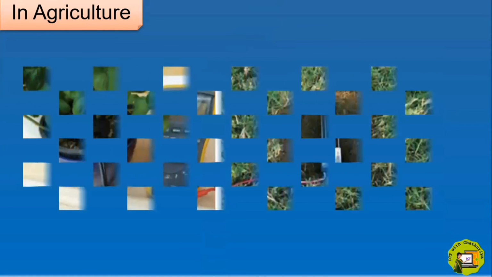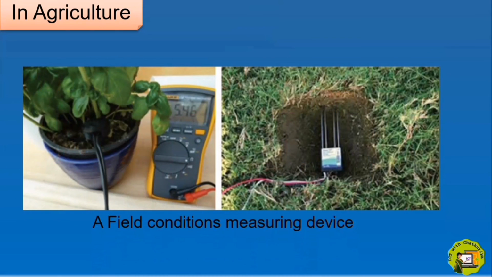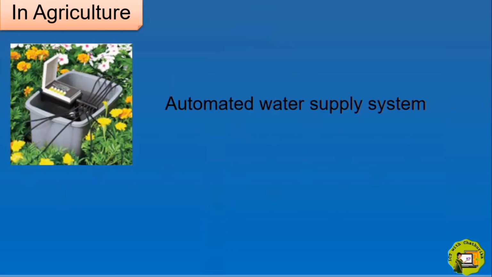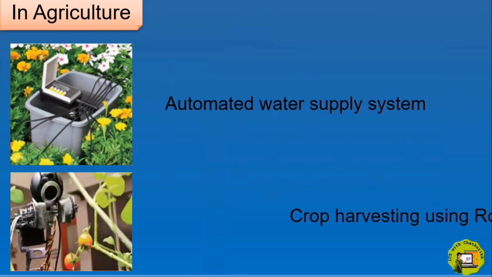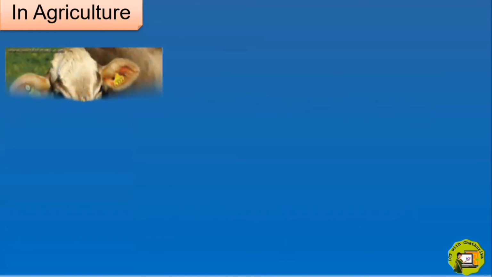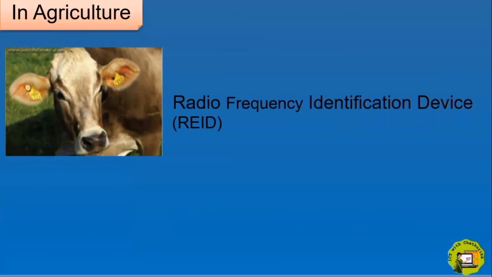Some of examples are a field conditions measuring device, automated water supply system, crop harvesting using robots, radio frequency identification device, RFID. This RFID helps in identifying and counting the number of animals and also in locating the animals in large area.